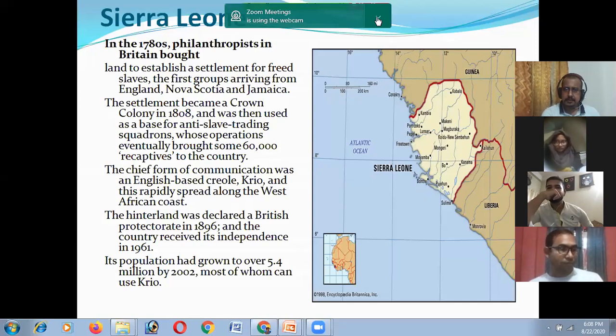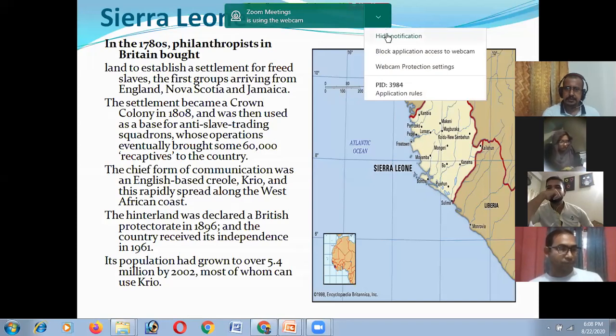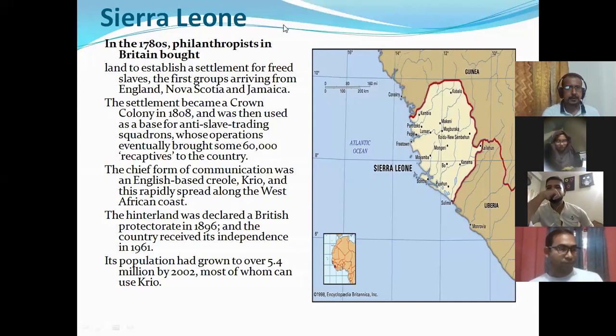Sierra Leone, you see, this is the country, and here in the 1780s, philanthropists in Britain bought land to establish a settlement for freed slaves. The first group arrived from England, Nova Scotia, and Jamaica, in Sierra Leone.